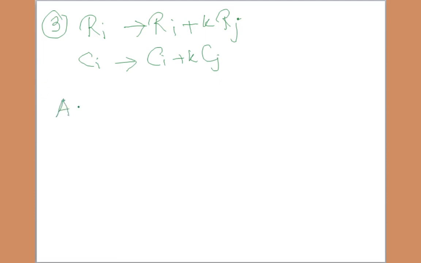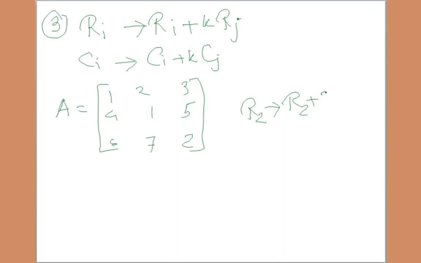How is this property applied? Take the matrix 1 2 3, 4 1 5, 6 7 2. Let's apply this row formula. Suppose row 2 is changed: R2 becomes R2 plus twice R1.